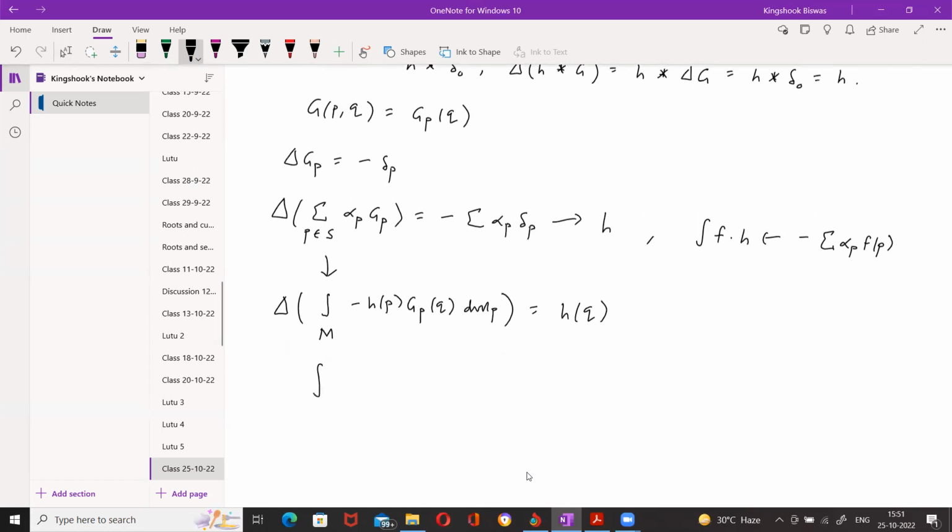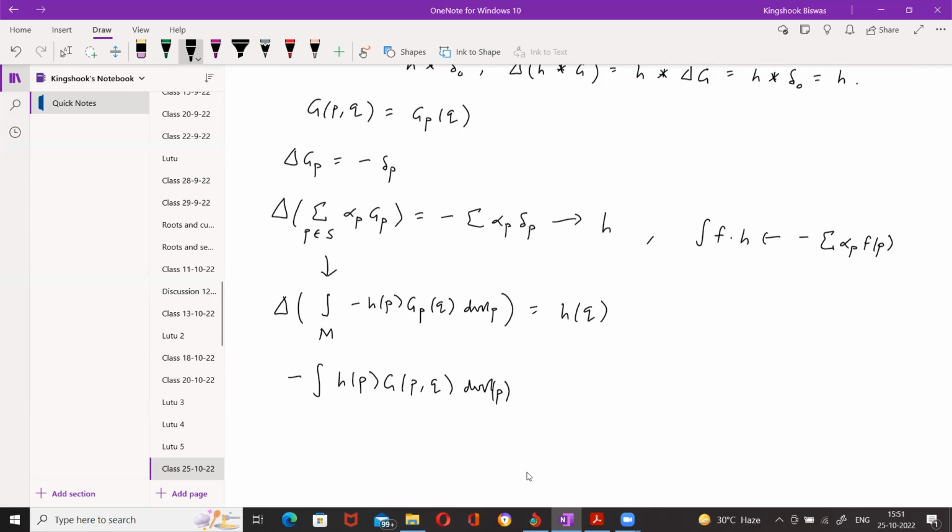It's minus the integral of h(p) g(p, q) d vol(p). So we know that in the q variable, this is harmonic. When I integrate over p, the Laplacian of g is a Dirac.